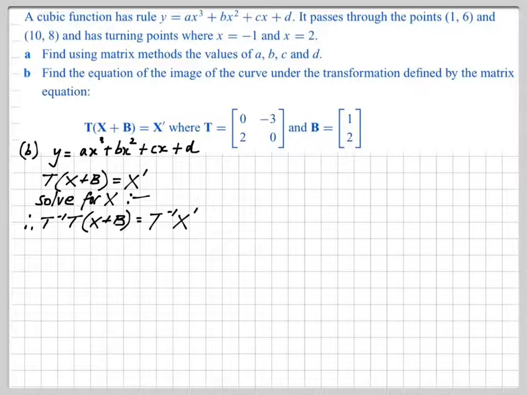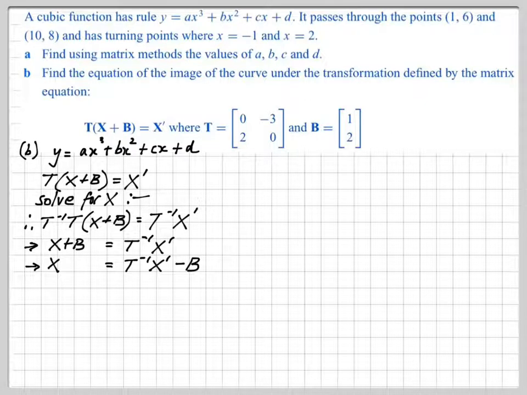That dissolves the t thing and gives me that. Good. Now, I think I probably need to work out what inverse of t is. T's that 2 by 2 matrix above. And of course, capital X would be t inverse times that thing, subtracting b from both sides.